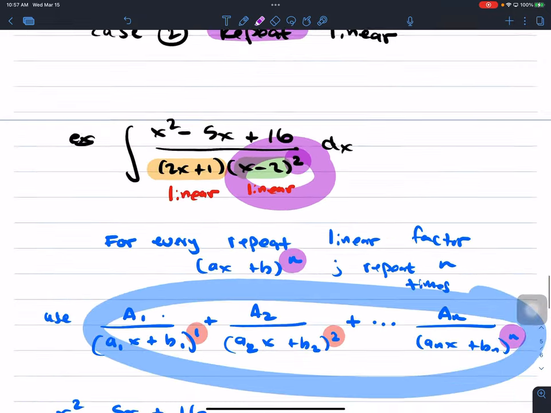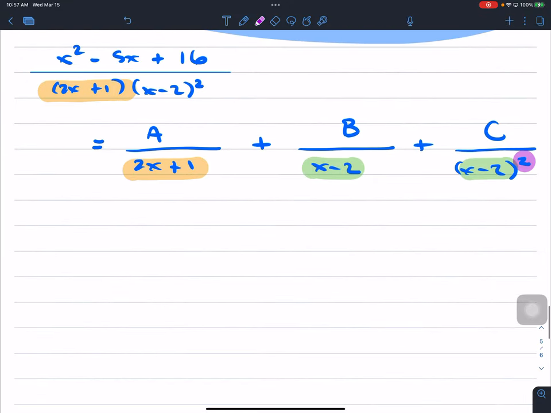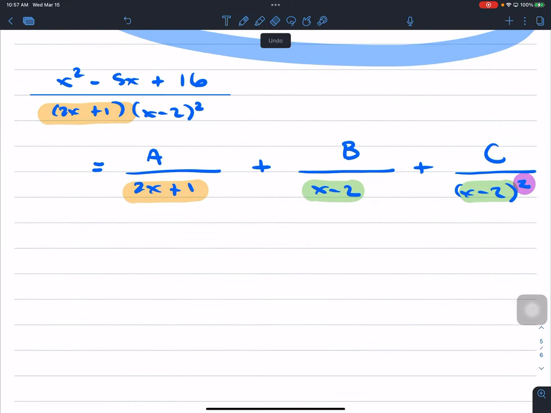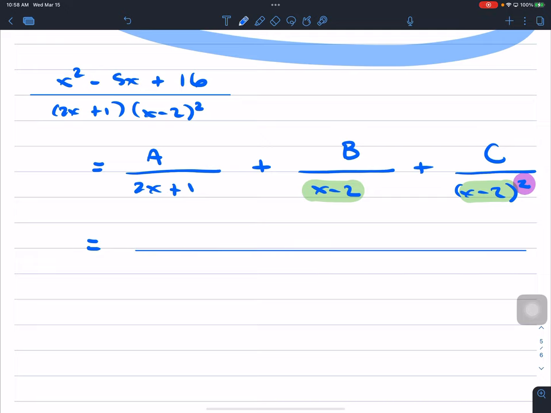A repeat linear factor. And then again, you say, well, what do I do now? Well, you really add, ladies and gentlemen. You really add the right-hand side. And when you do that, notice what you get as a denominator. You're going to get just the 2x plus 1 times x minus 2 squared. This is the LCM. Is that true?